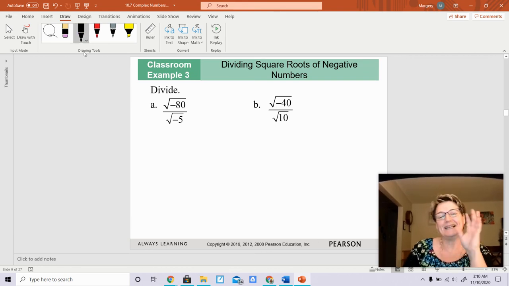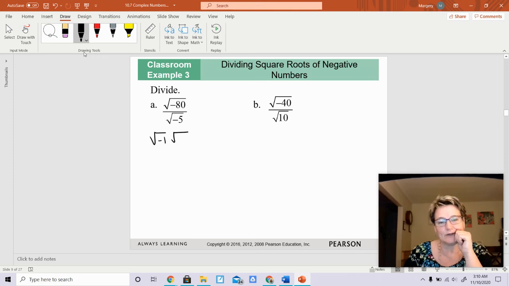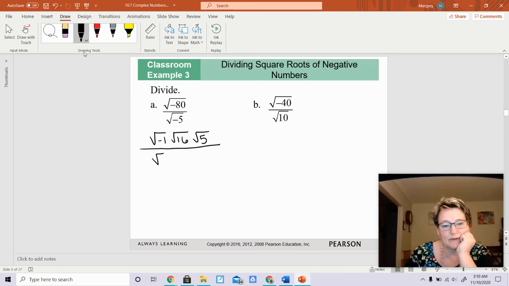All right, you guys, I'm going to take care of the numerator. I'm going to take care of the denominator. So I'm going to get the square root of -1 times the square root of 16 times the square root of 5. I'm just going to write them all out. In the denominator, I'm going to have the square root of -1 times the square root of 5. Now, if you can reduce them, go right ahead.